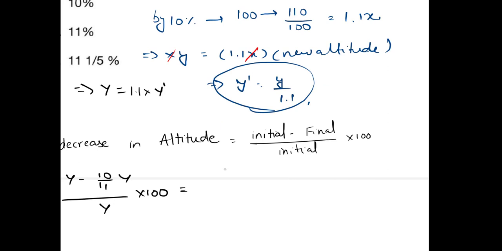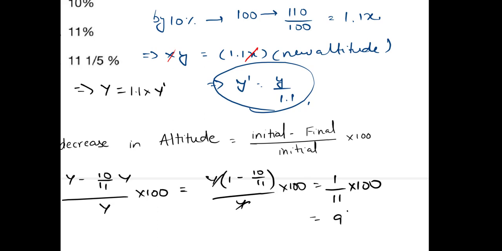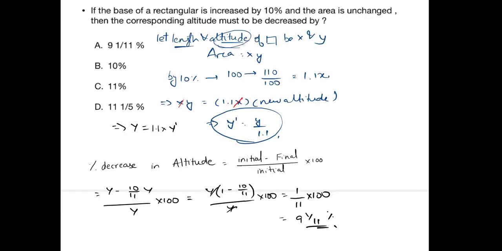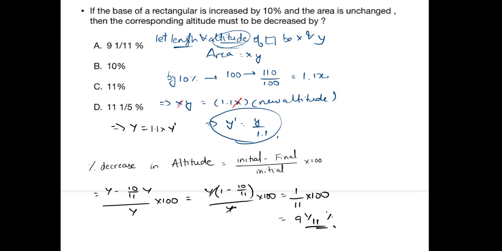Just take y as common, so we can consider y into 10 by 11, and cancel the y's. So 11 minus 10 is going to be 1, so 1 by 11 into 100. So the value is 9 1 by 11%. So the answer here is 9 1 by 11%.